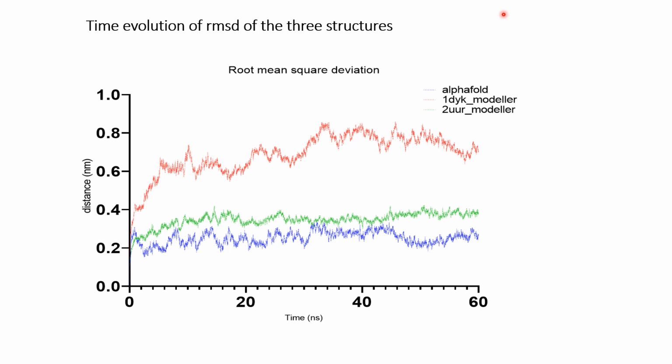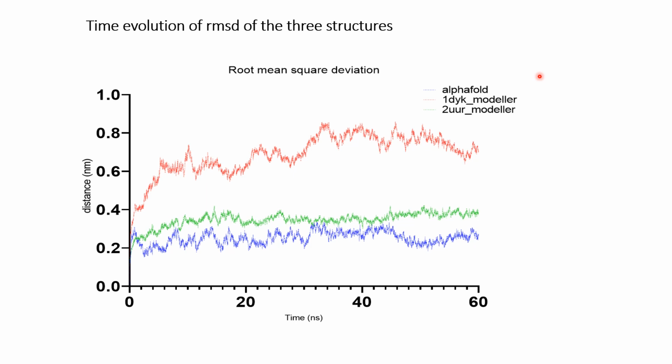Next, we have used molecular dynamics simulation to get some structural information in an aqueous environment. Our first experiment was to see the root mean square deviation of the protein backbone, which indicates the conformational stability of the protein.